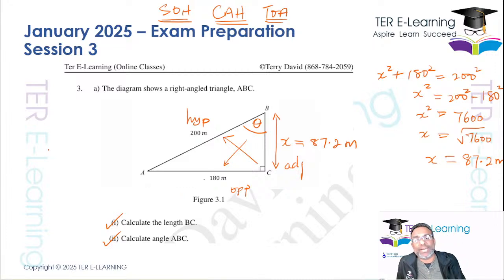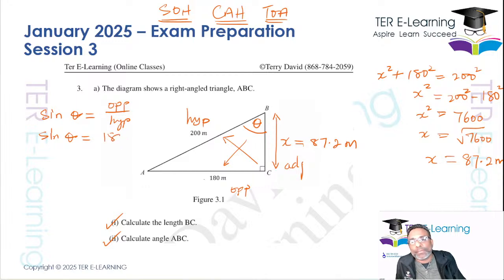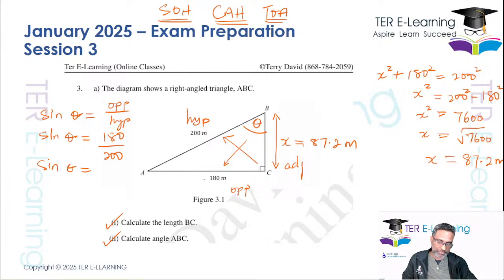So we can use any one of the ratios if we want. If I use the opposite and hypotenuse, I can say that sine theta is equal to opposite over hypotenuse. So therefore, sine theta is equal to 180 all over 200, right? So sine theta, that's 0.9.